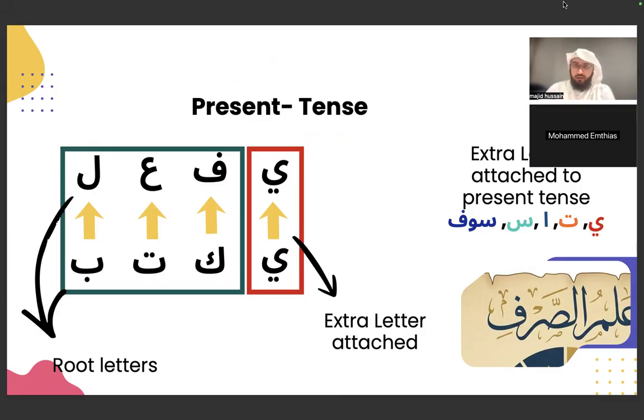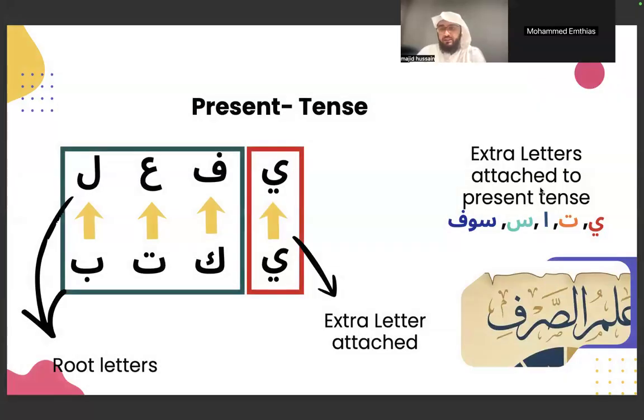Remember, the present tense always has some extra letters, such as ya, ta, alif, sin, and so on. These letters appear in the present tense as extra letters. So when we have the word, for example, here I have the word yaf'alu.